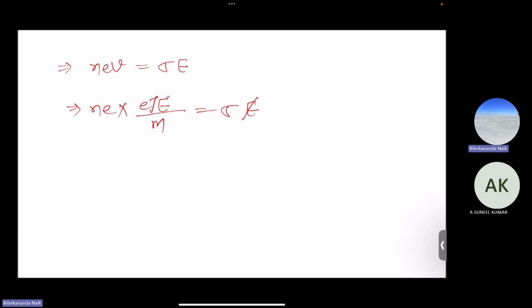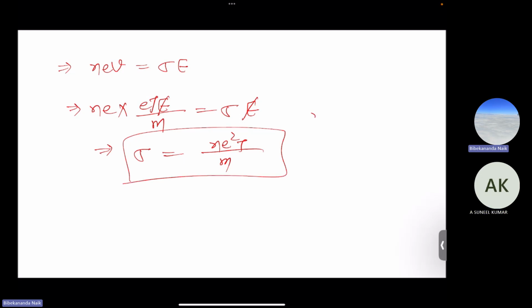So E gets cancelled out, and we can say σ = ne²τ/m. So this is basically the formula for calculating the conductivity of that metal, where n is the number density, that is the number of electrons.